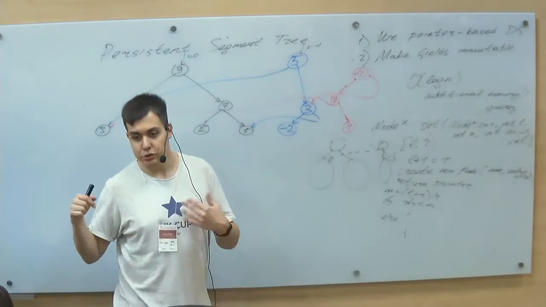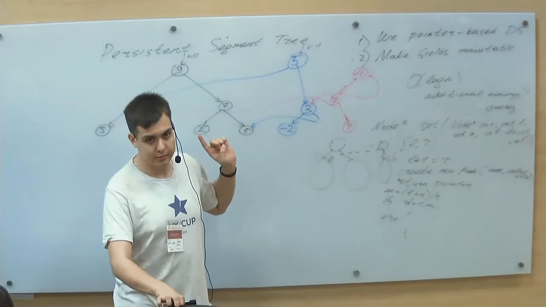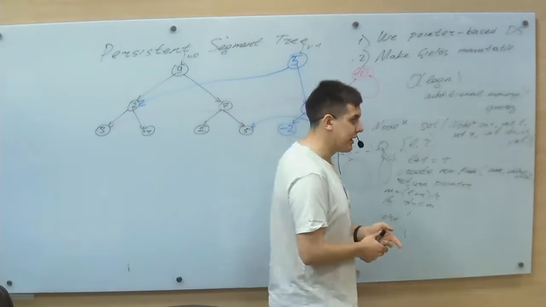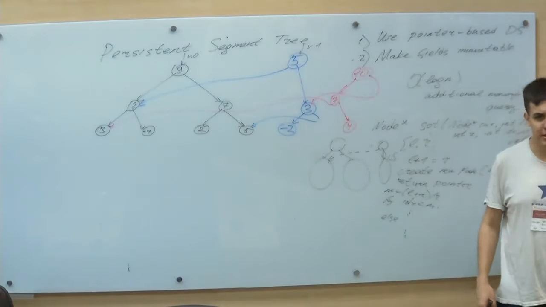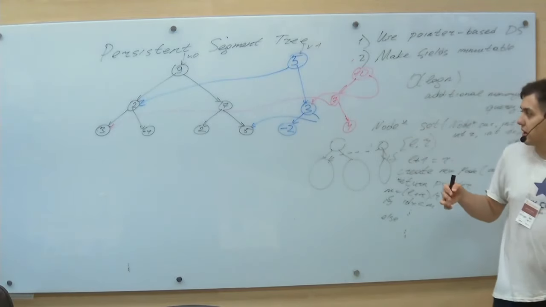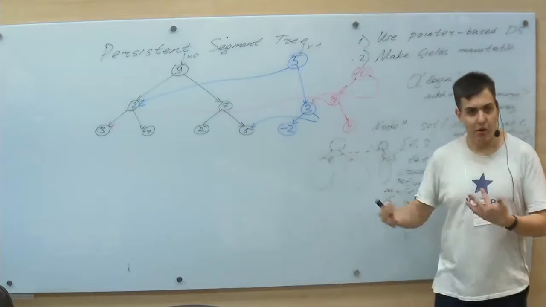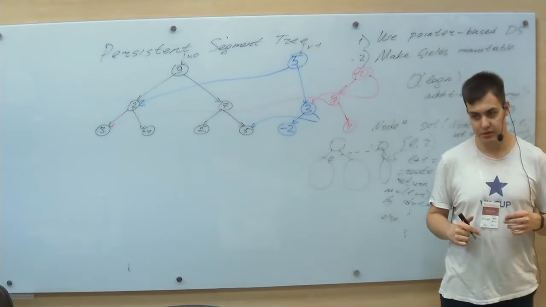Notice that you don't need to store parent links here. Usually in tree structures, when you're trying to make a tree persistent, you need to avoid using parent links, since this technique of making a data structure persistent doesn't really work well with cycles.